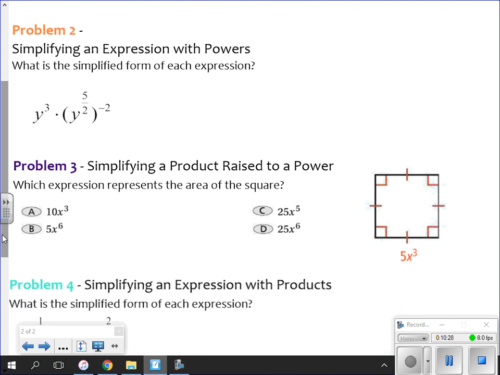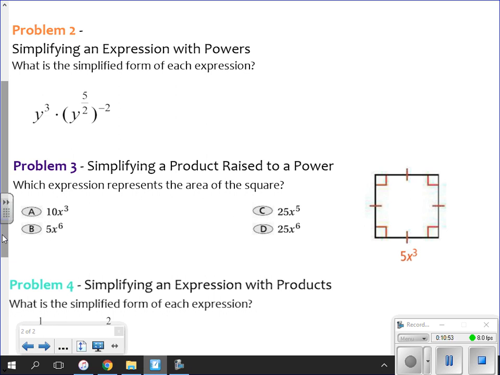Okay, this is similar to some of the problems you're going to be doing on your classwork today. You have different parts that you're trying to simplify down. You do it one step at a time. The biggest mistake students make on these is trying to do everything all at once.